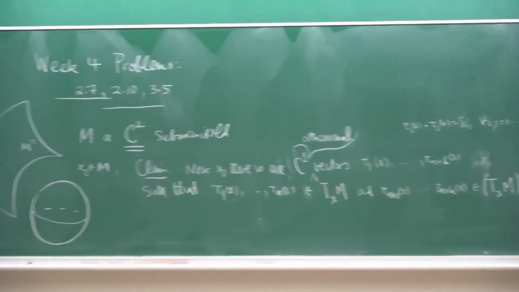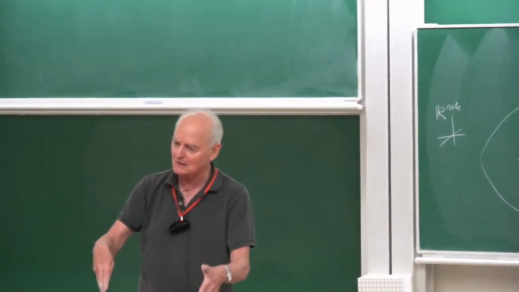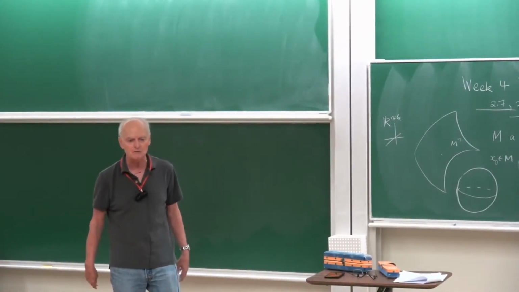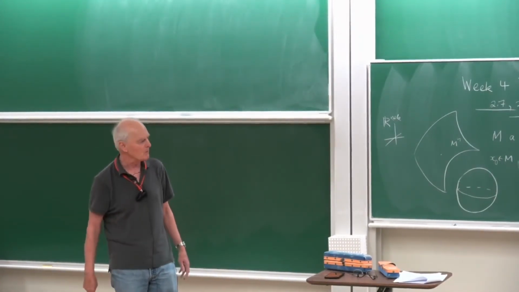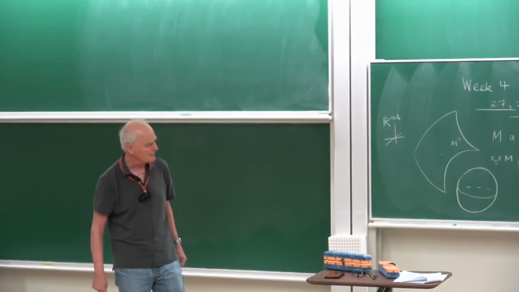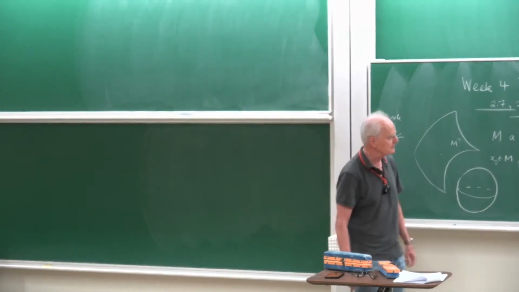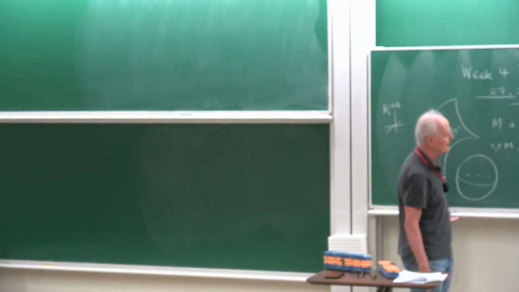So it preserves the fact that the first n of them are still in the tangent space. So the Gram-Schmidt process gives you such an orthonormal basis, and it's C1 in a neighborhood of the original point x0. So no problem about that.